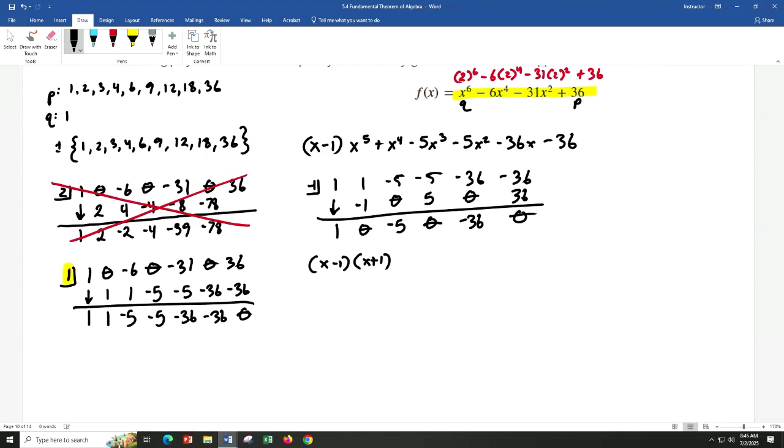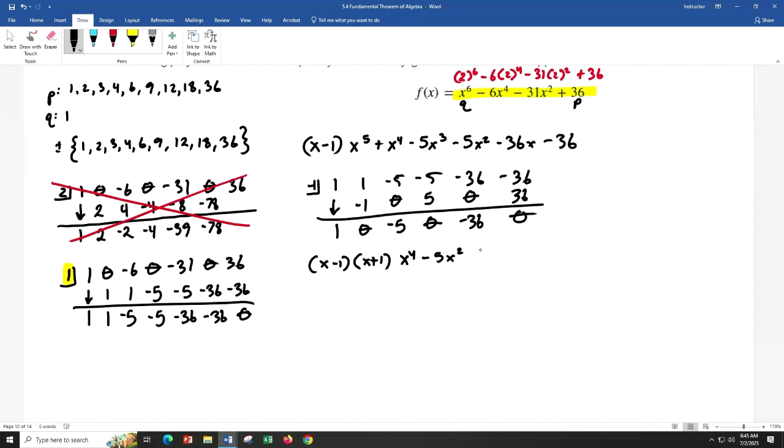But then I've got a brand new polynomial. Notice I have what here? I had a power of 5, now what do I have? 4. Power of 4, exactly, so I'm going down by 1. X to the power of 4. I do not have an x to the power of 3 right now. Okay? So I would say no 3, but I do have a minus 5x squared.